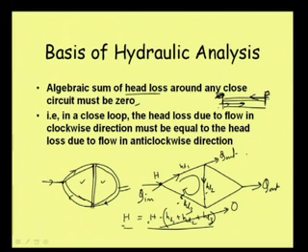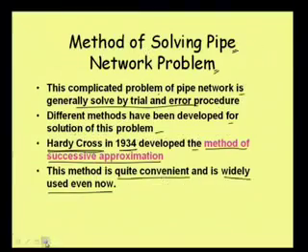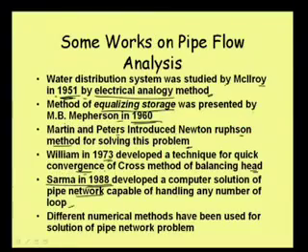Well, of course, it is our choice whether we consider clockwise or anti-clockwise, but generally clockwise flow head loss is considered positive, and for anti-clockwise flow in a particular pipe we consider the head loss that we calculate as negative, and that we will have to consider, otherwise our problem will not be solved. So, this point is important.